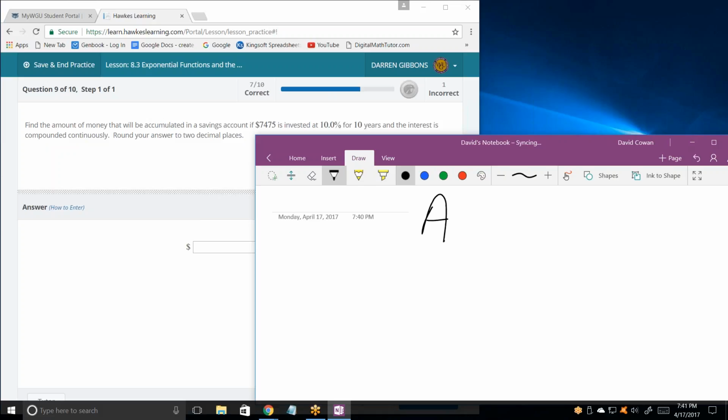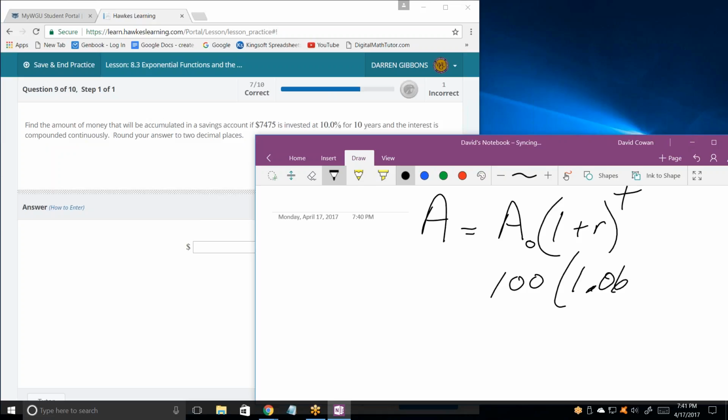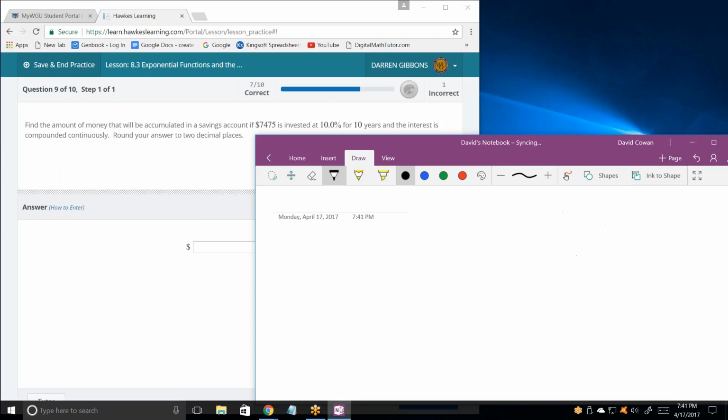If you're compounding yearly, you take it down to a bank and they say, whatever you start with, A sub 0, I'm going to pay you 1 plus my interest rate, taken to the t power. In other words, if you get 6%, you put in $100, and at the 100 times 1.06, if you leave it in for 5 years, that's what your amount's going to be. Okay?